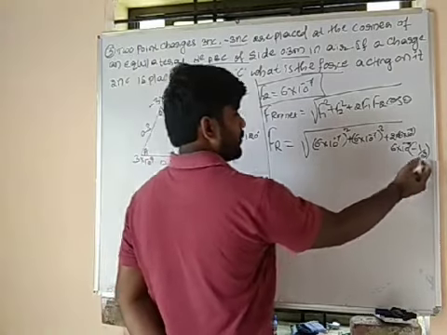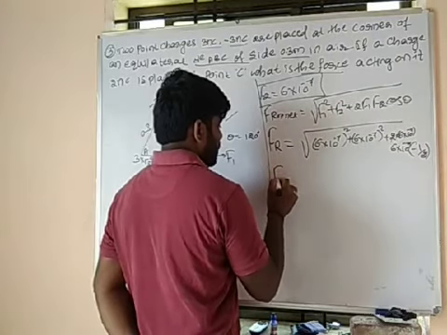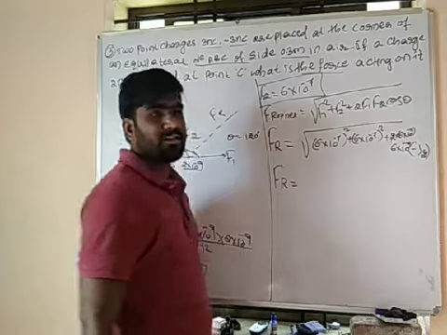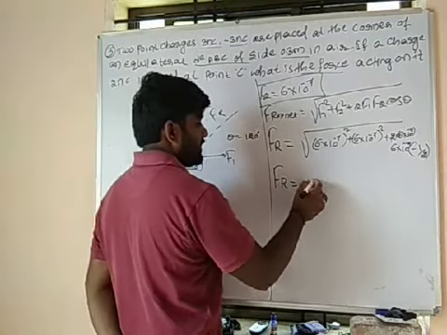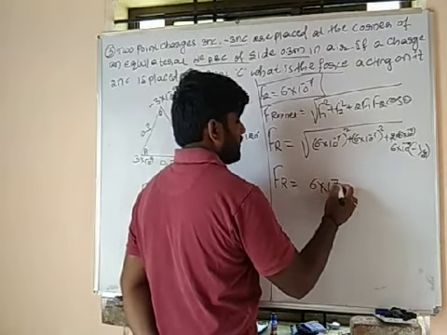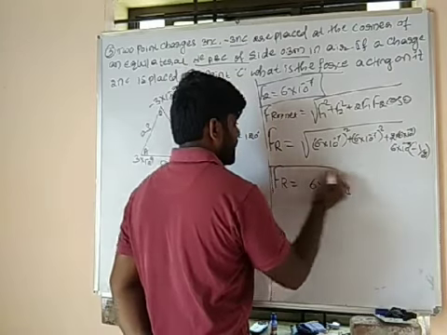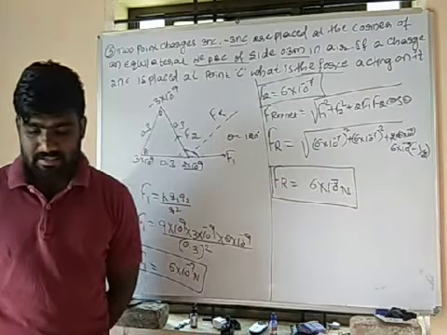Okay, so the 2 gets cancelled. After solving this, FR again comes as 6 into 10 to the power minus 7 Newton. It will be our resultant.